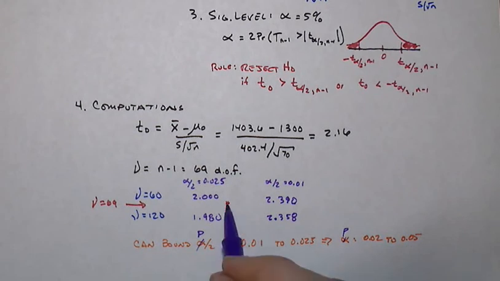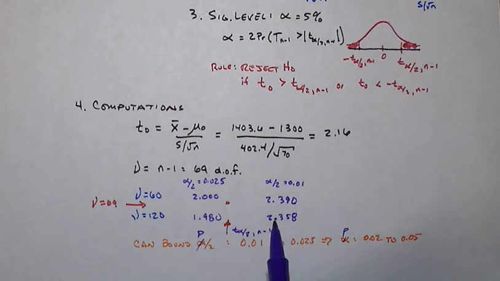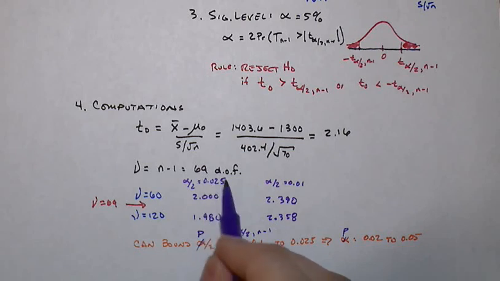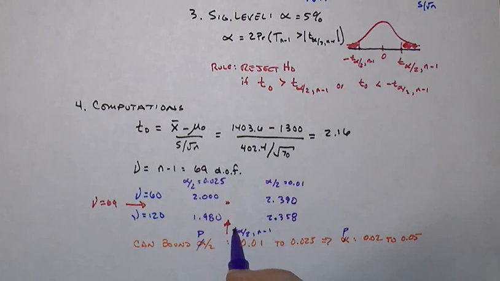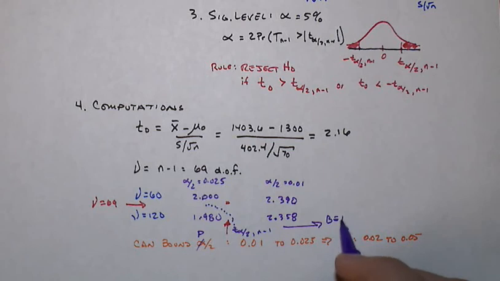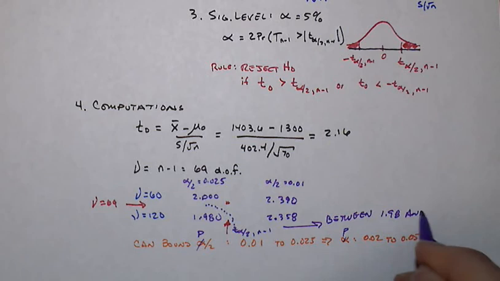The other way to look at this is that our t critical value here, our t alpha over 2, n minus 1, you can look at it as being, for our 0.025 value, somewhere between 1.98 and 2.